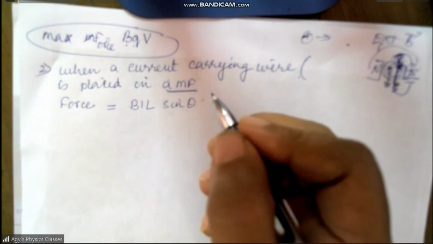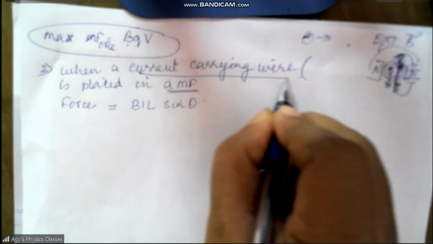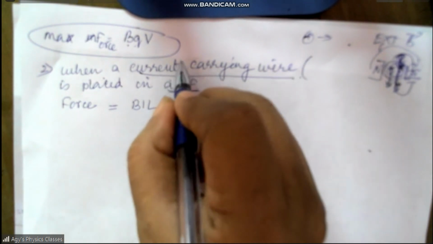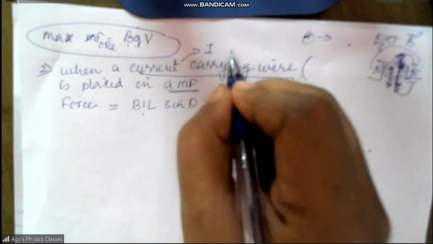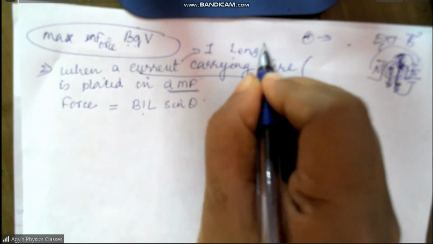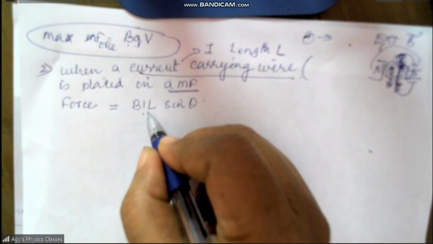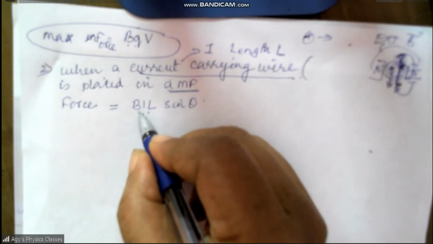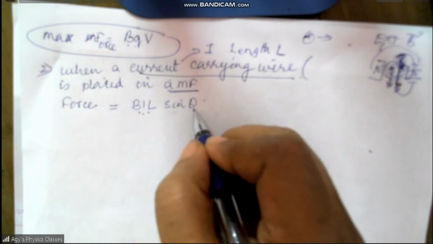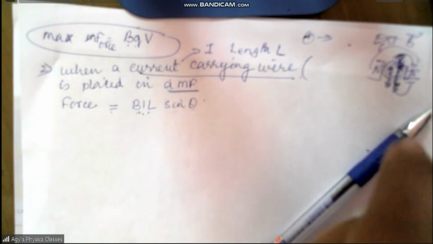This is another formula, for the current carrying wire. If the current is I, if the length of the wire is L, the strength of the magnetic field is B, then you can use this formula BIL sine theta.